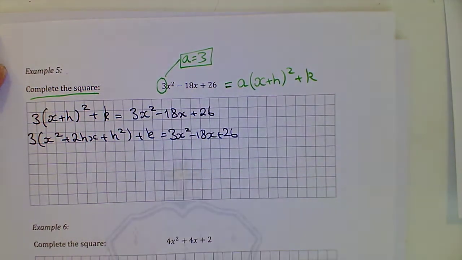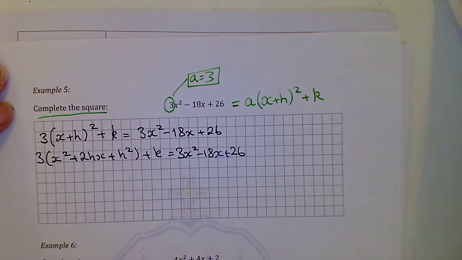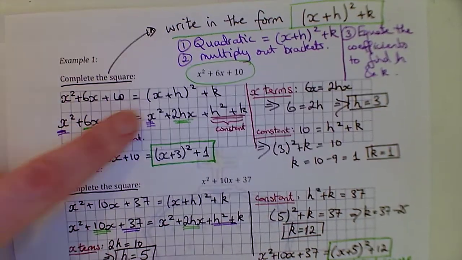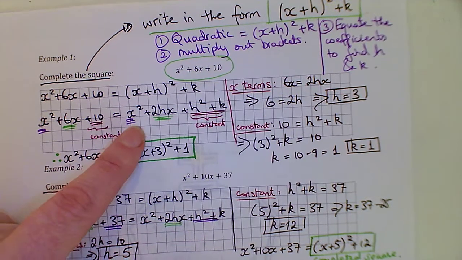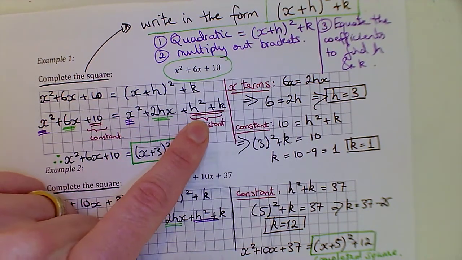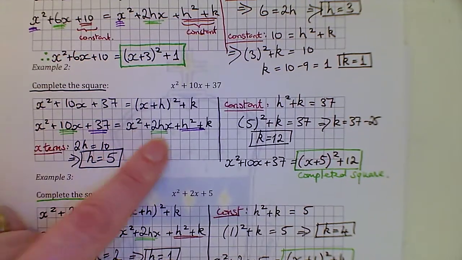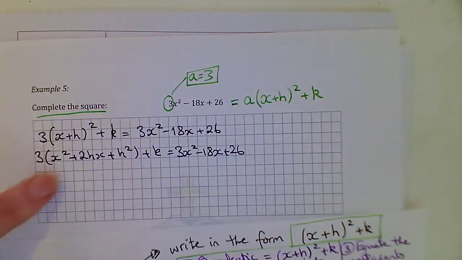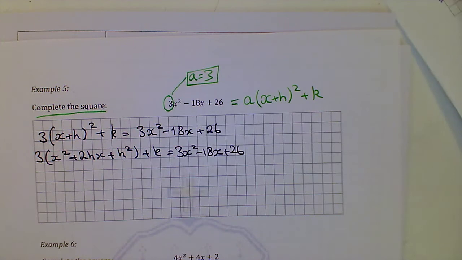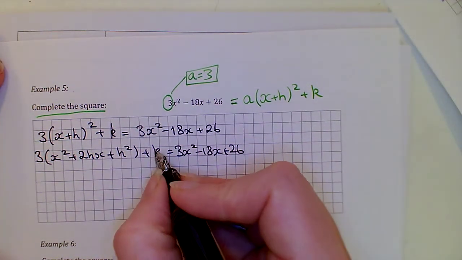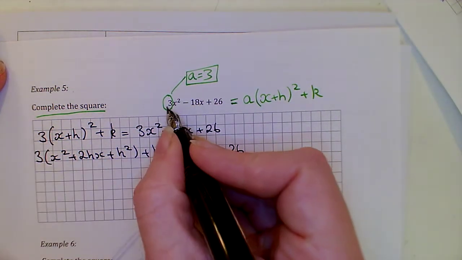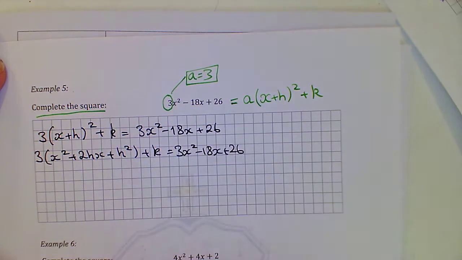You don't have to write down this every time. Now if we go back to what we were doing yesterday, I did it the other way around. X squared plus 2hx plus h squared plus k. All the way through, that bit that's in the brackets is going to be the same. What's changed is that I need to multiply through, and you know where the 3 came from? The coefficient of x squared, so I must multiply this through.